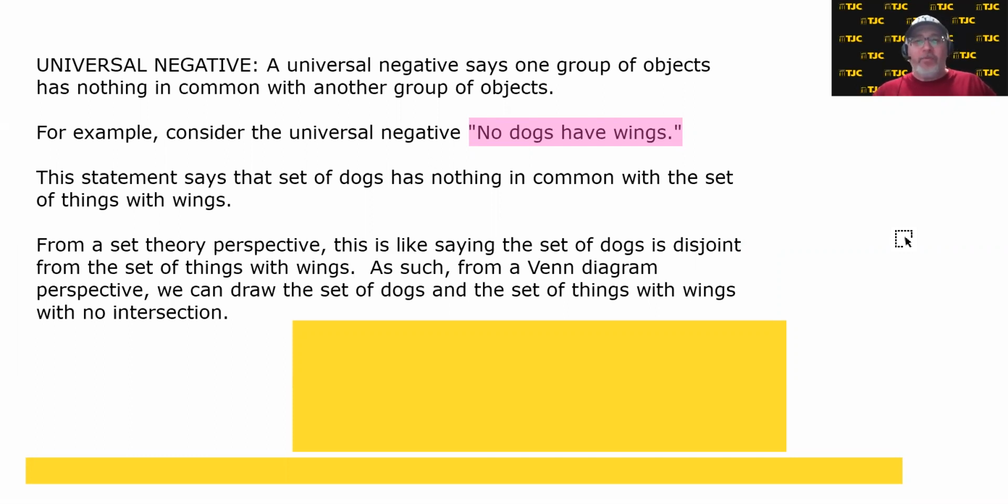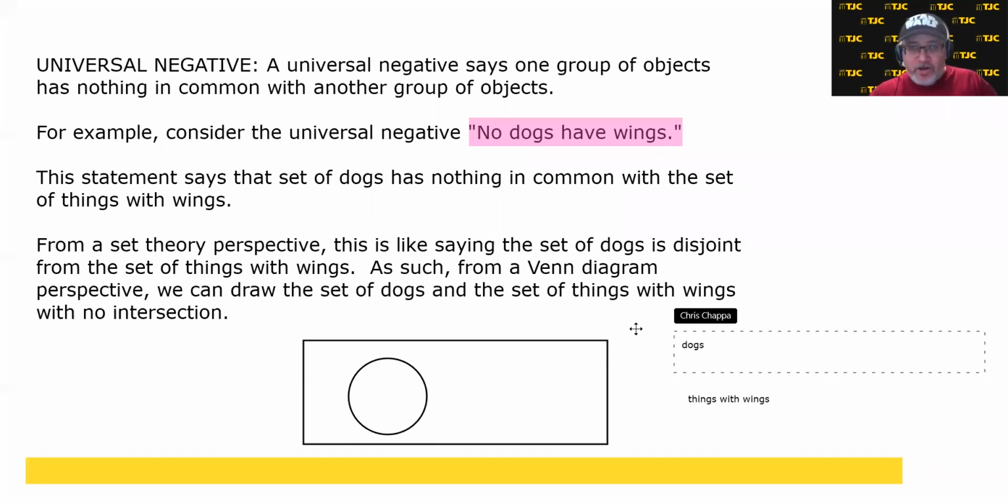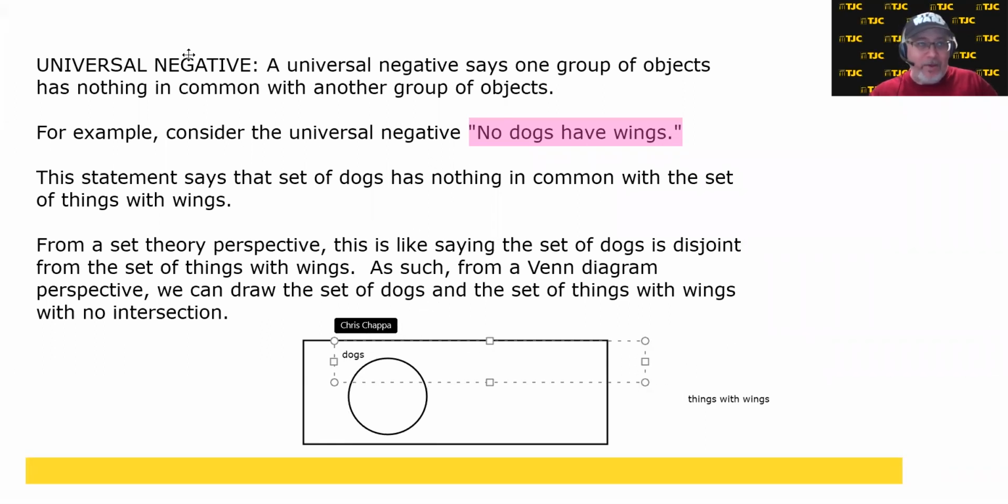As such, from a Venn diagram perspective, we can draw the set of dogs and the set of things with wings with no intersection. Again, I want you to witness me drawing this because you will be drawing some Euler circles. To show that no dogs have wings, we'll draw a set for dogs. So we'll label this one dogs. And we'll draw another set for things with wings.